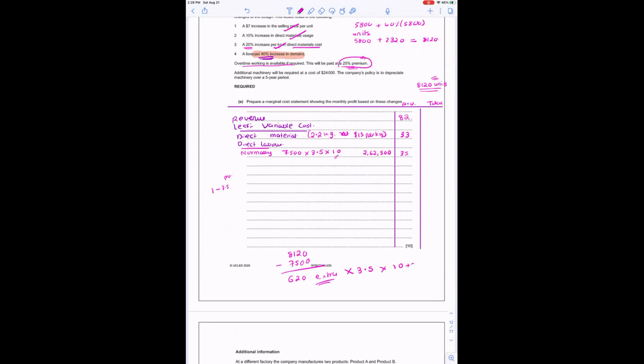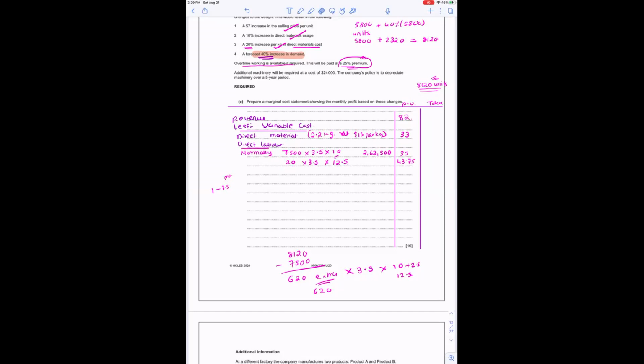So 620 units extra is going to be paid. Every unit is going to take 3.5 hours and it is going to be paid at the rate of 12.5. So per unit would be paid 3.5 into 12.5, 43.75 for 620 units. Okay.